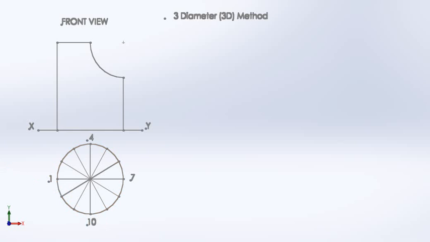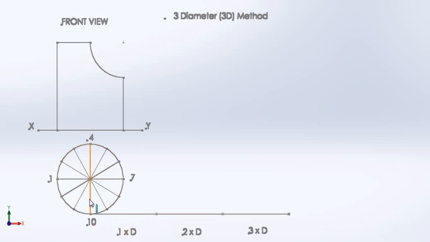If I go a little further and explain the 3 diameter method, I'd have to construct a line from the very bottom of my circle, and please remember that this first distance over here will be the diameter. Diameter being this line over here, or any of these lines that stretch from one side of the circle through the center to the other side of the circle.